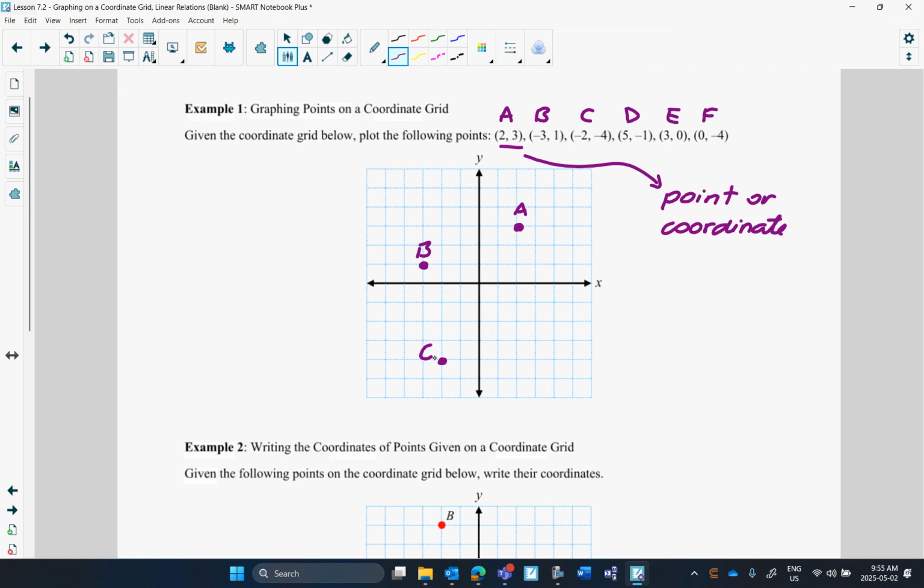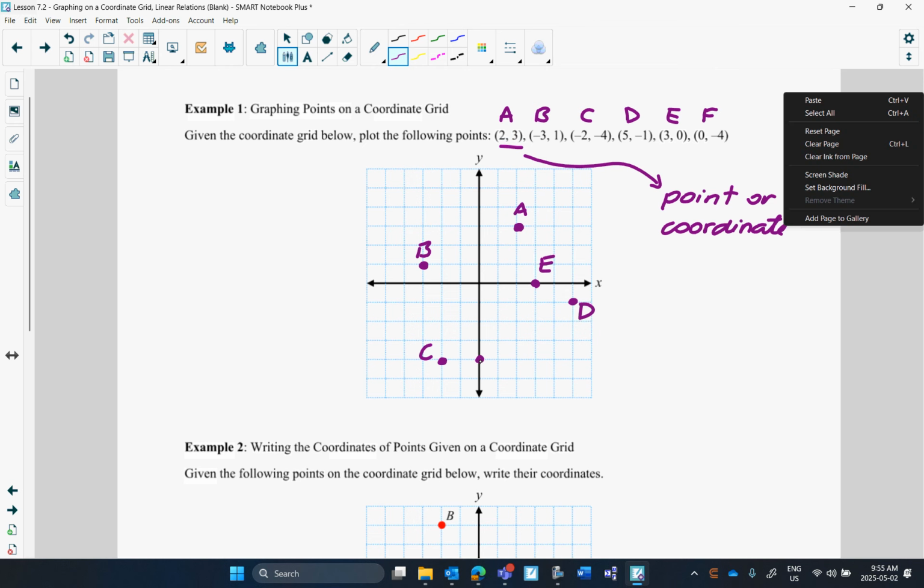Next, D. 5 to the right, then you go down 1. Right. E. You just go 3 to the right, and then I don't move up or down. So that's point E. And finally, point F. I just go down 4 because I don't move to the right or left at all.